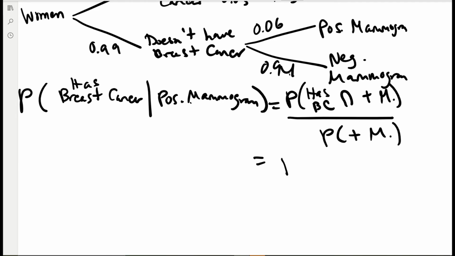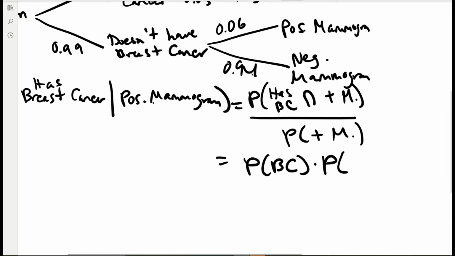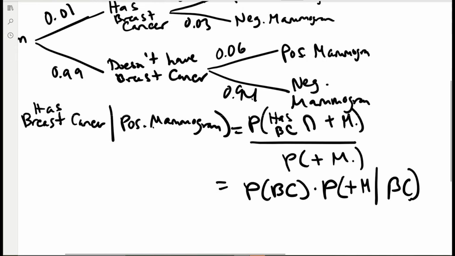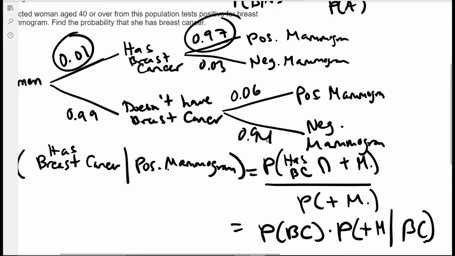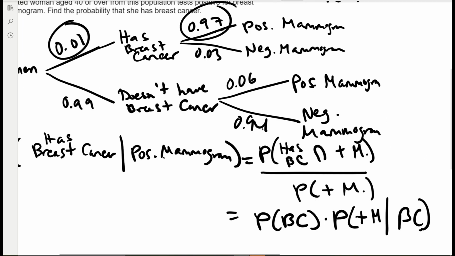So we have the probability that she has breast cancer times the probability that she has a positive mammogram, given that she has breast cancer. So in that case, that's looking at these two numbers right here on the tree diagram. So we're going to be multiplying those two together.